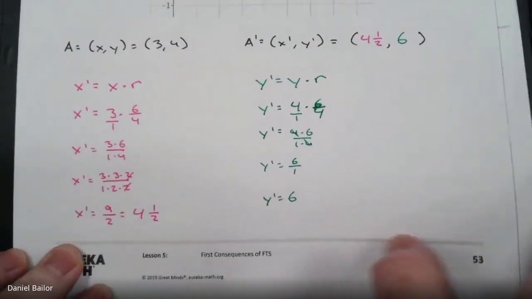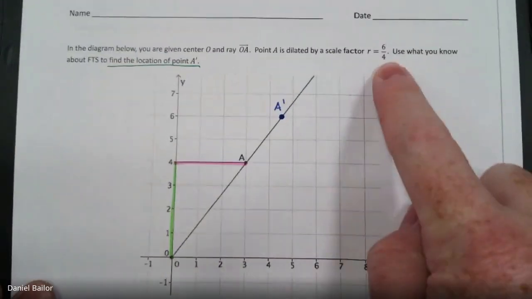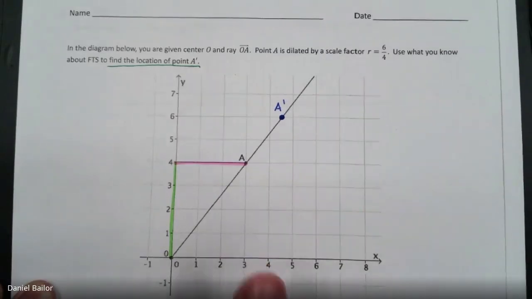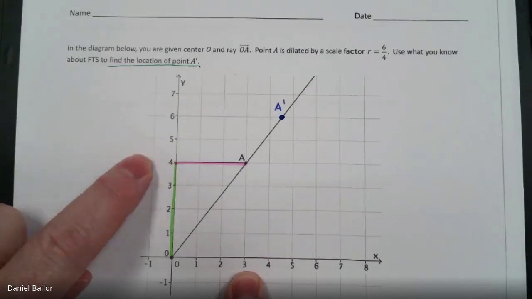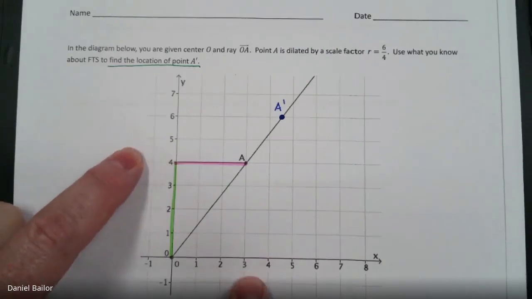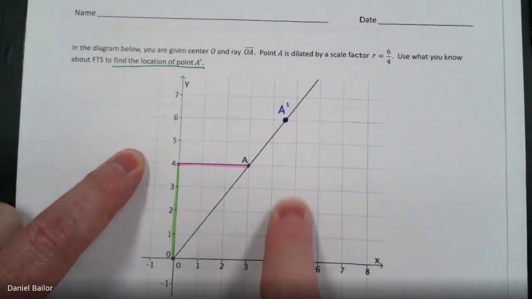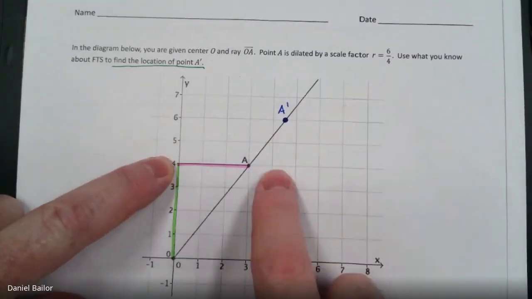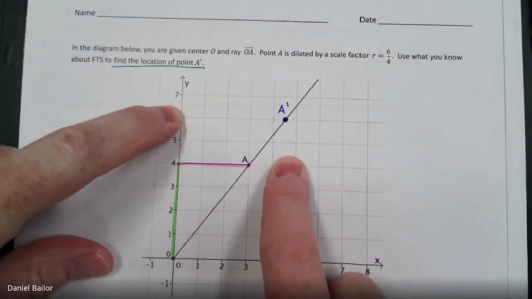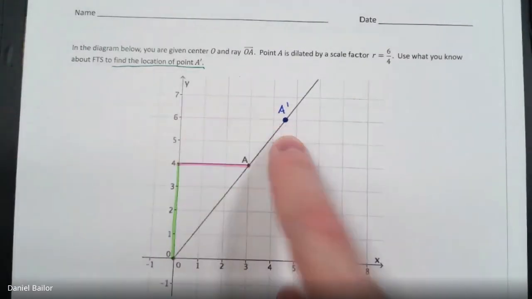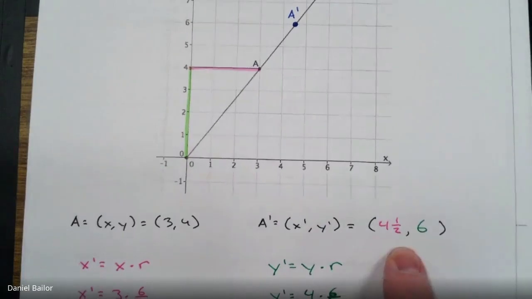You took the 6/4, multiplied by 3 and by 4, and found that 3 times the scale factor was 4.5, so X has to be 4.5, and 4 times 6/4 is 6. So the new one goes right there: 4.5 and 6. That's what you did on the exit ticket yesterday. That's what we're doing in the lesson today.